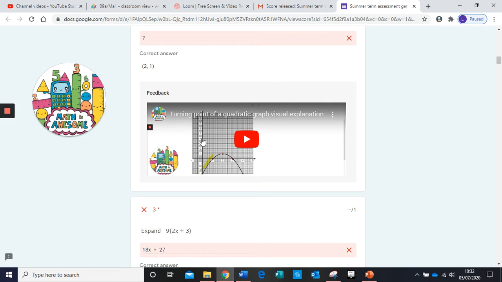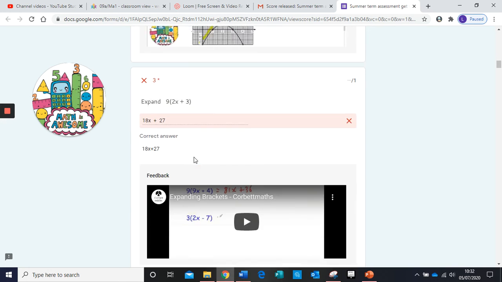Was it your understanding? So for example, if this was a C error because you didn't actually know where the turning point was, that is what you write. So you would write question 1 was a C error, and then explain what your understanding of it now is. Okay, so your understanding might be that the turning point is where the quadratic graph changes direction. So actually it is over here, and that's all that little video says.